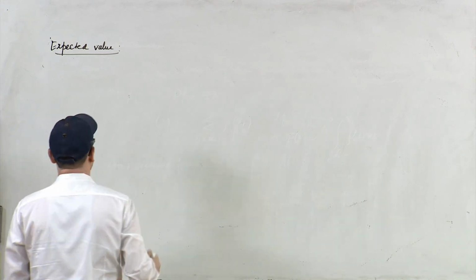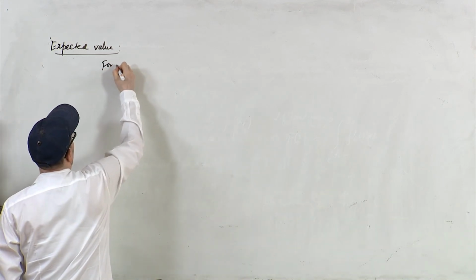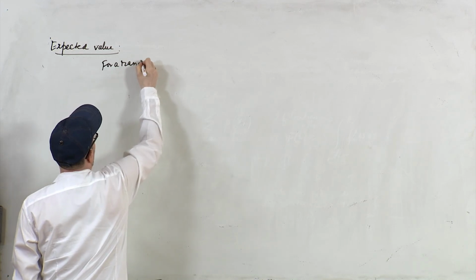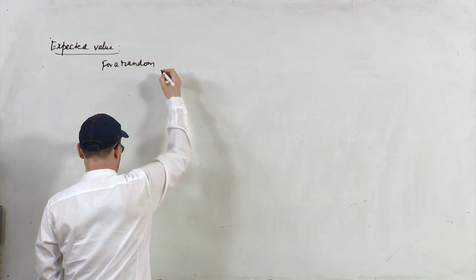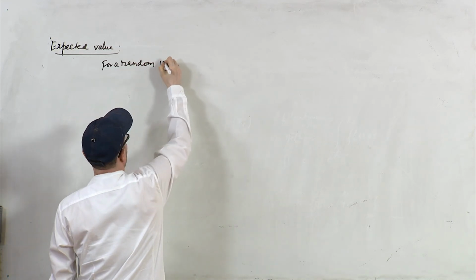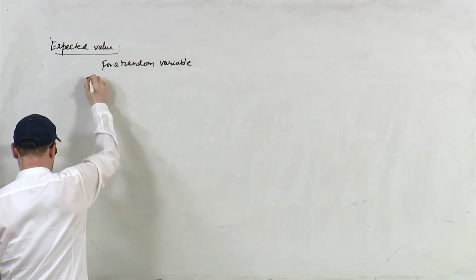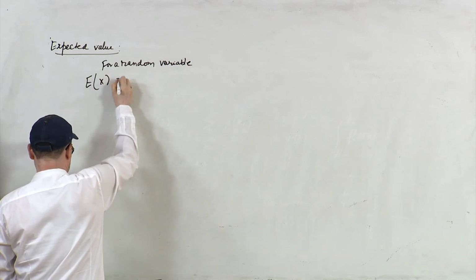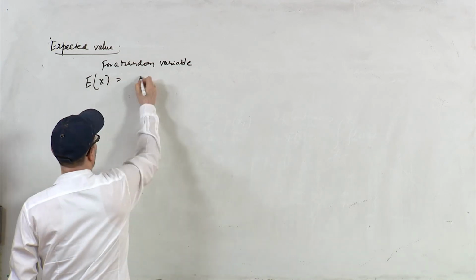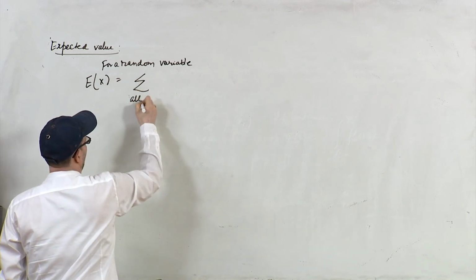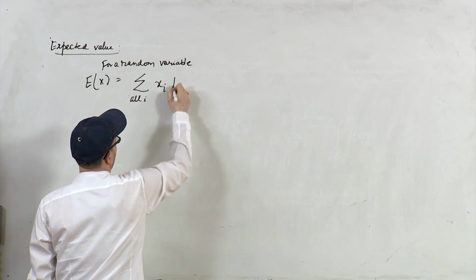Now, for a random variable, the expected value is defined as summation over all i of x_i p(x_i).